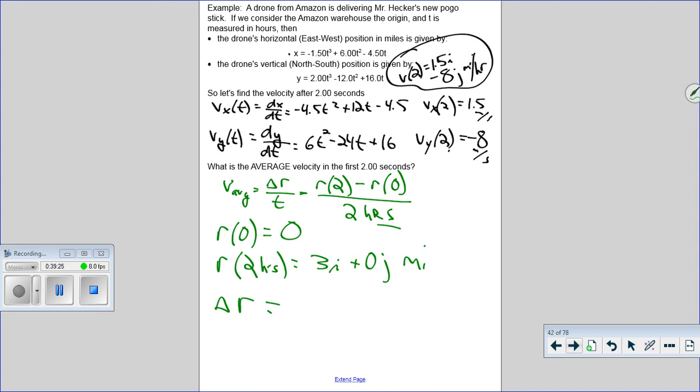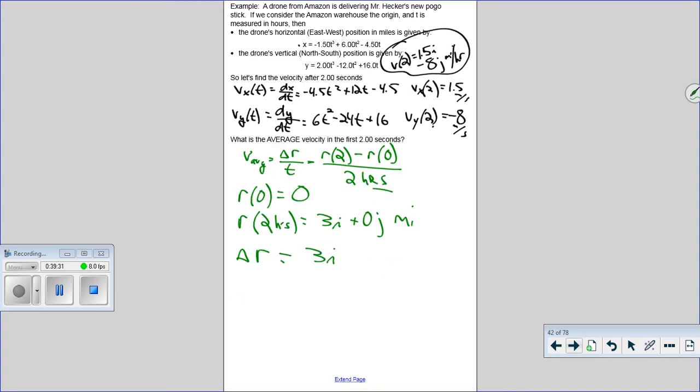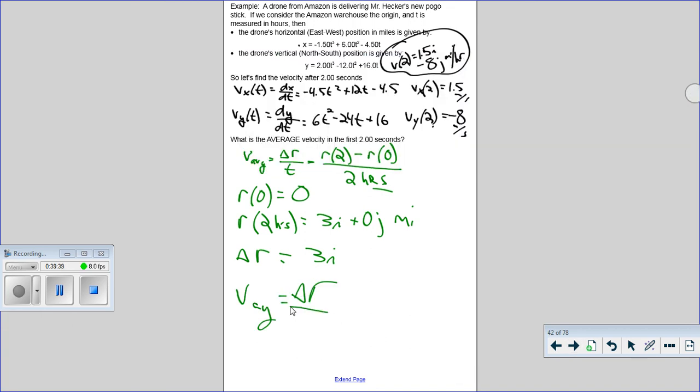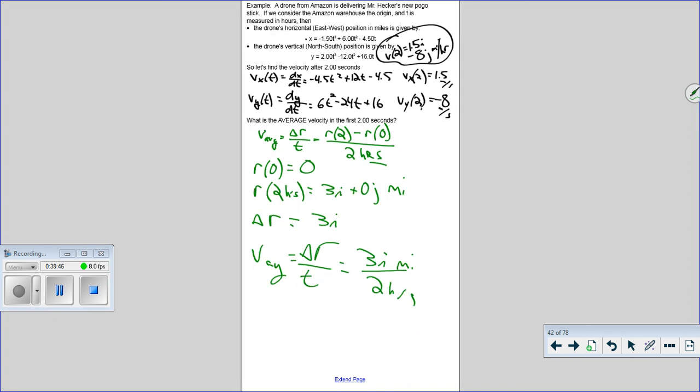I know the bell's about to ring. Write that down. I want to show you one thing. I'm not going to write anything, but I want to show you something. So let's go back to the map. What is my displacement in the first 2 hours? 1, 2, 3.